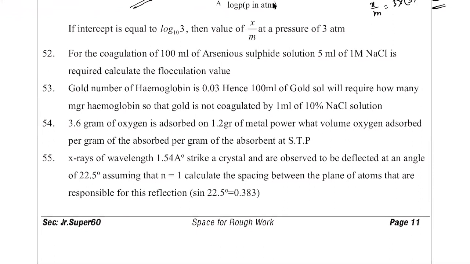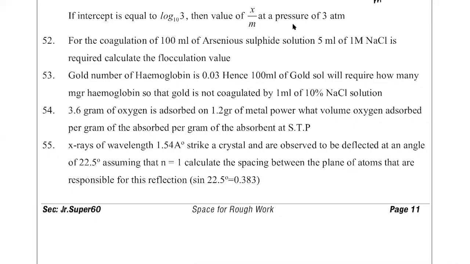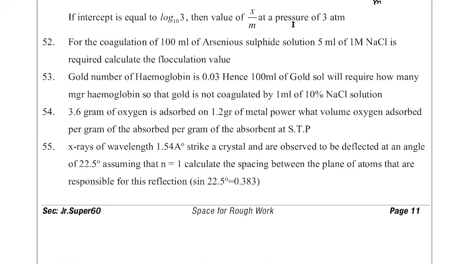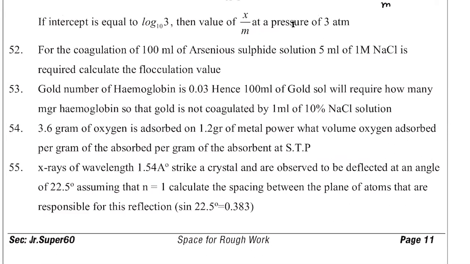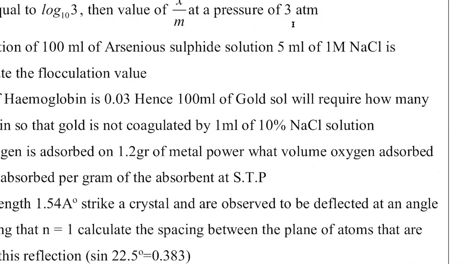Next, let us see the next question here, students. It says that for the coagulation of 100 ml of arsenic sulfide with NaCl, 5 ml of 1 molar NaCl is used. Calculate the flocculating power, with the value in millimoles per liter.